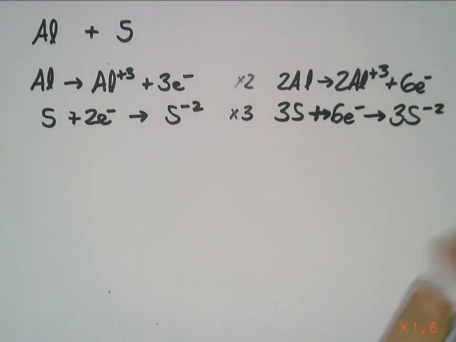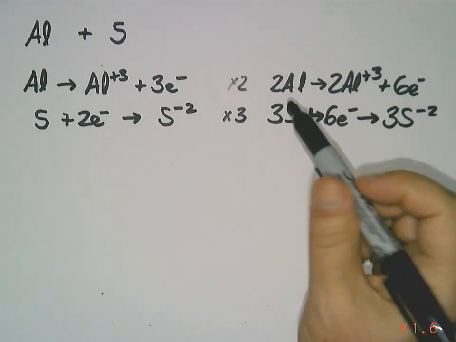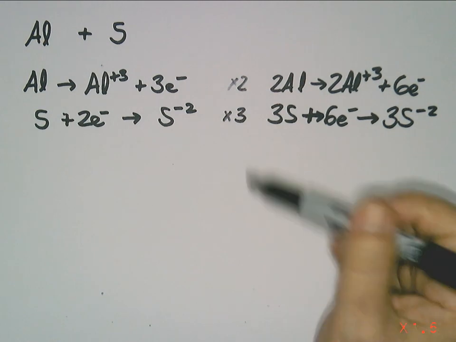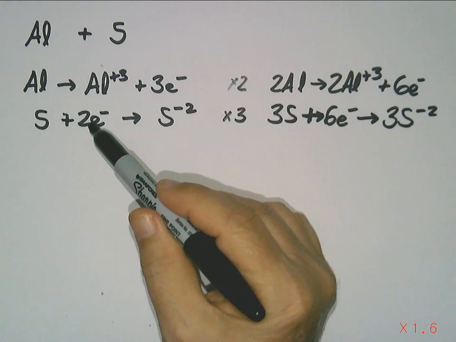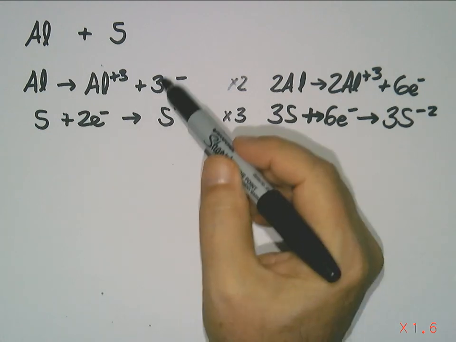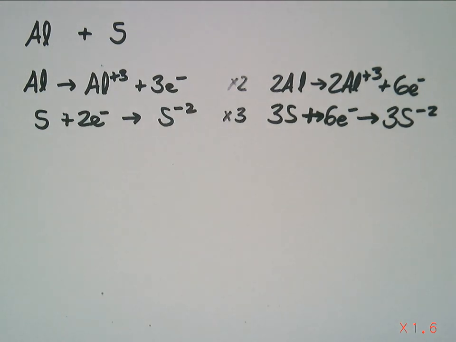Now this is better. Why did I pick 2 and 3 for this? Do you see why? I needed to get the same number here as here. And if I take 2 times 3, that's 6, and 3 times 2, that's 6. So that's going to work out.